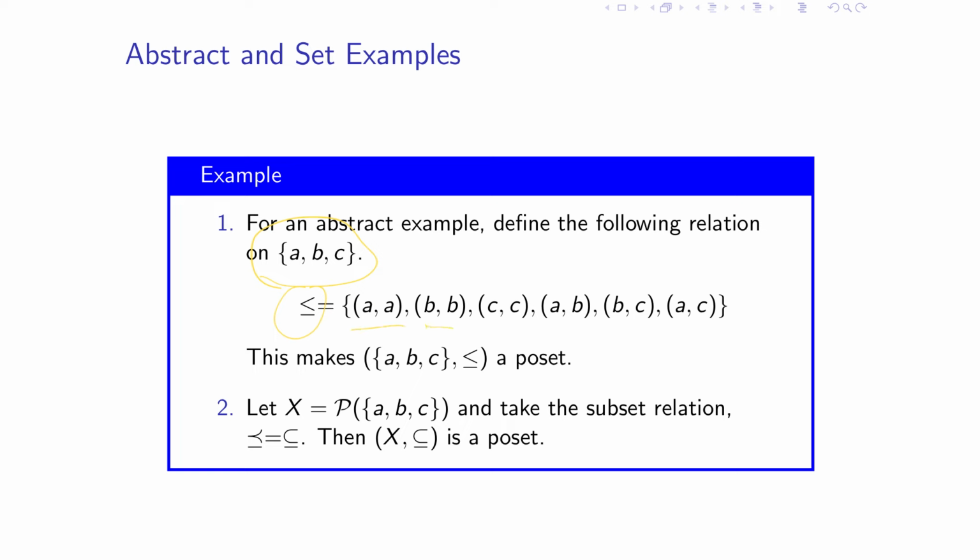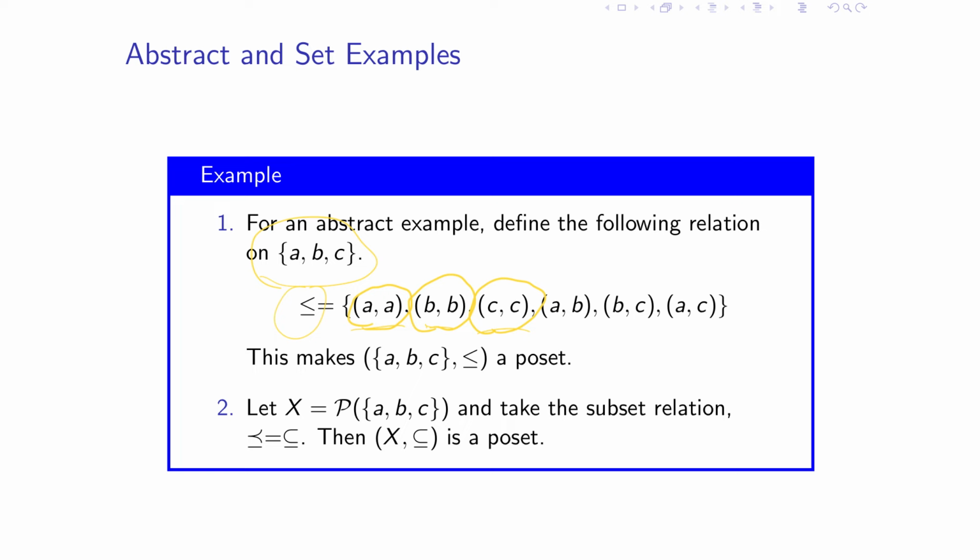What I'm doing to construct this relation is building in reflexivity right from the start. Everything is related to itself; everything we could say precedes itself. That's baked in by putting in the pairs (A, A), (B, B), and (C, C).